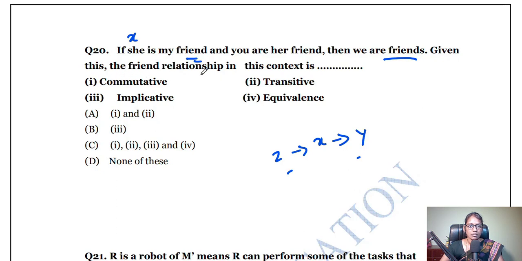Then this friend relationship in this context is just a statement, so x tends to z, and you are her friend, so then we are friends. So this is not coming under either commutative or transitive or implicative or equivalence. So none of the above is the answer.